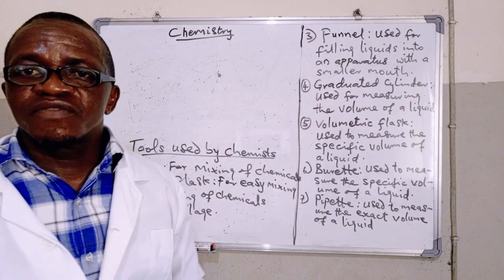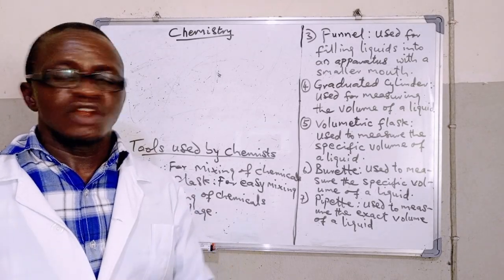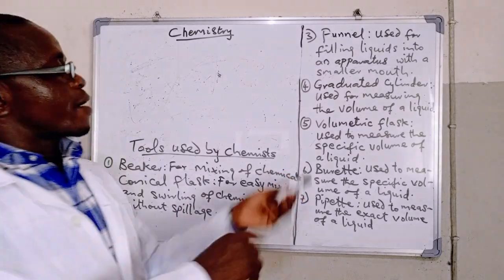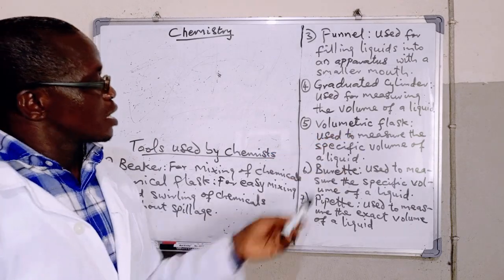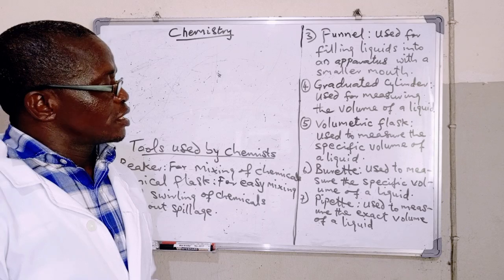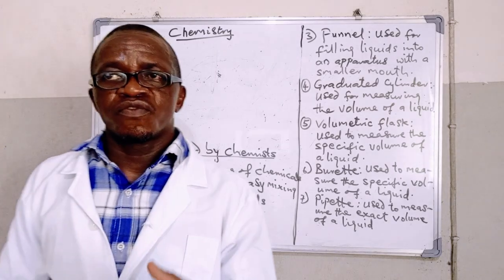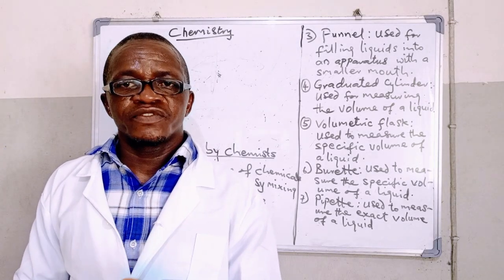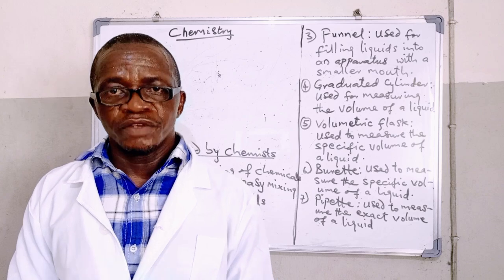They can use specific volume, they can use exact volume. So there are volumetric flask, burette, and pipette. They are used for the measurement of specific or exact volume.